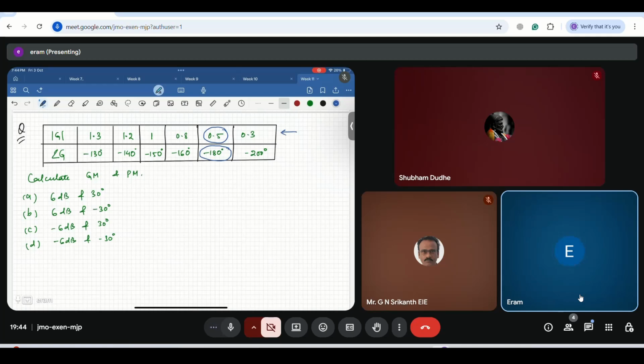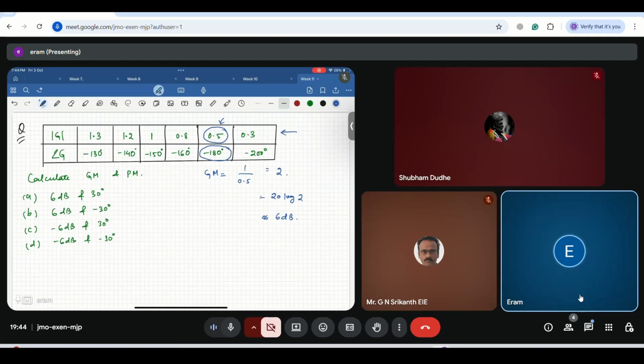That magnitude is given to us, so the gain margin is just the reciprocal of 0.5, which equals 2. Now if we want to calculate in dB, it will be 20 log 2, which is approximately 6 dB. Correct? So the gain margin is 6 dB.